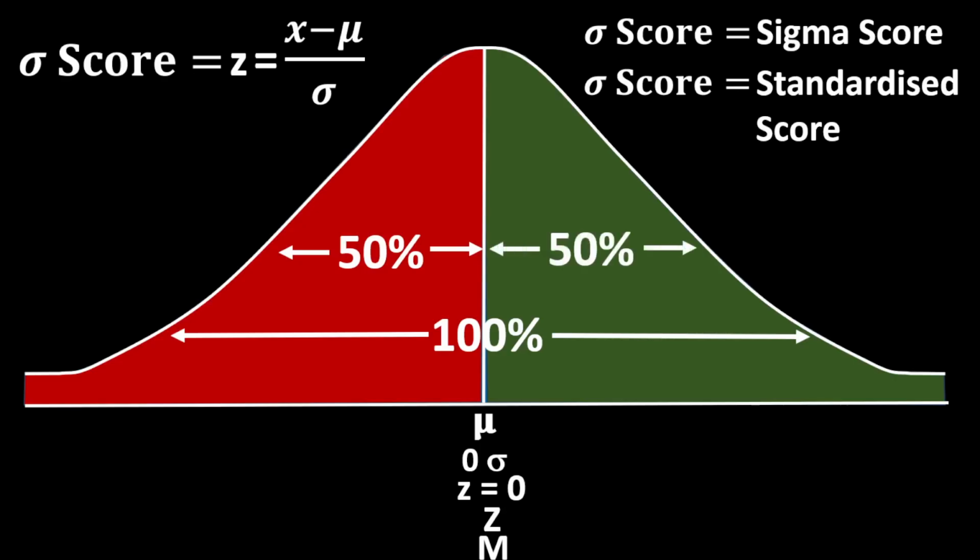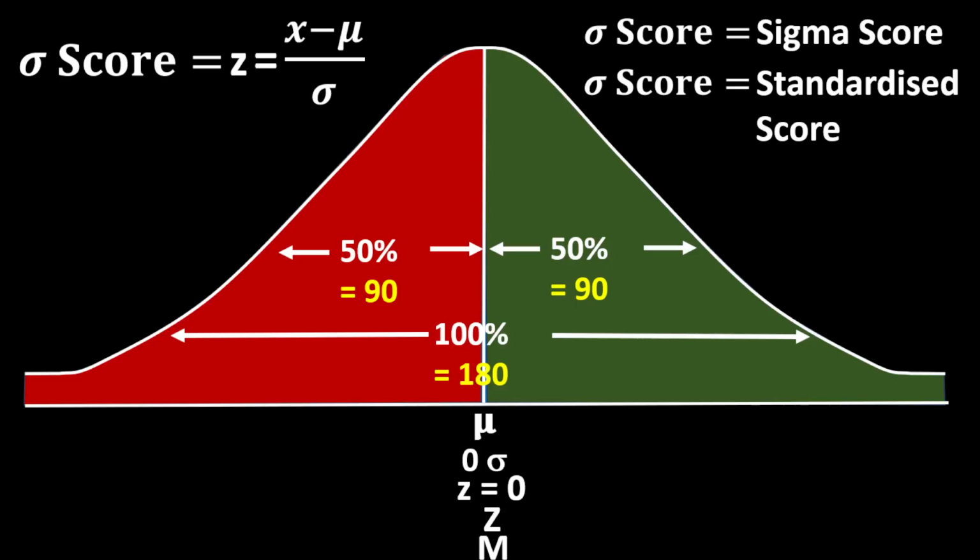In terms of our example, a total of 180 frequencies are there, so 90 frequencies are lying before the perpendicular line, that is 50% of 180, and 90 frequencies are lying after it, that is 50% of 180.